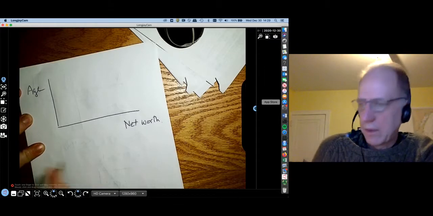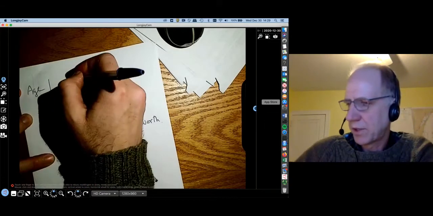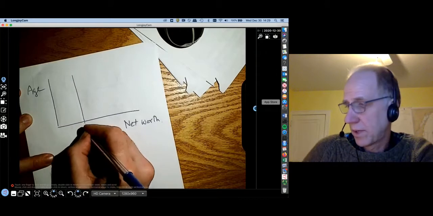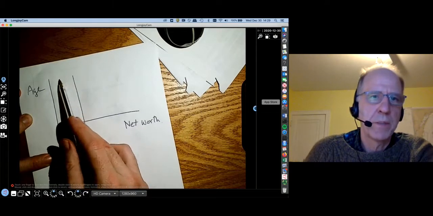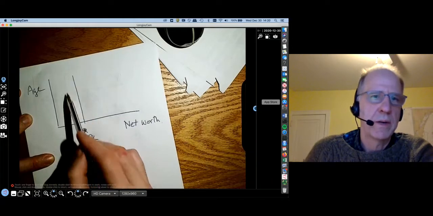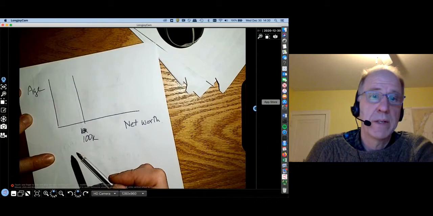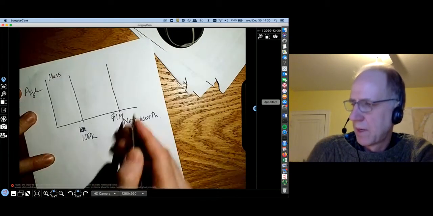And if you think about the general population, the vast majority of the general population has a net worth that's not that high. So say $100,000. A large fraction of the population sits down in this region where they just don't have a lot of assets. So we called this group the mass market.